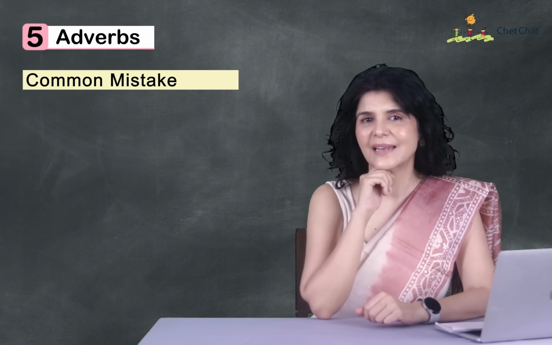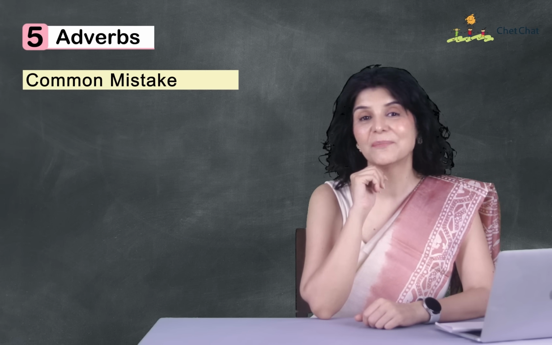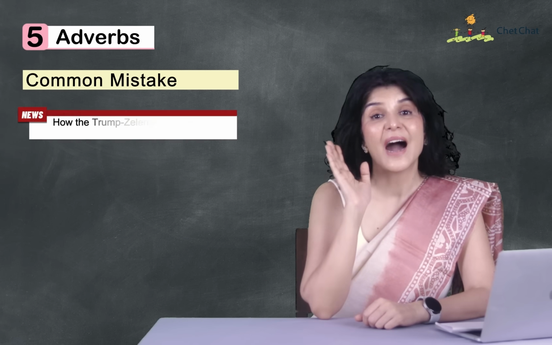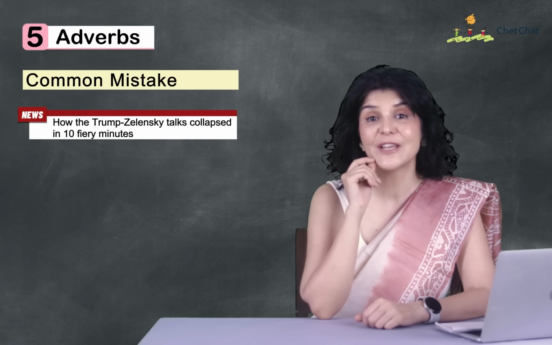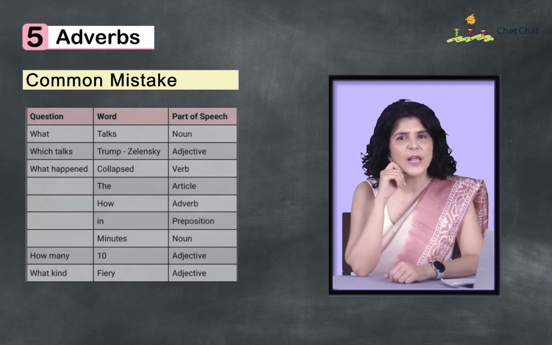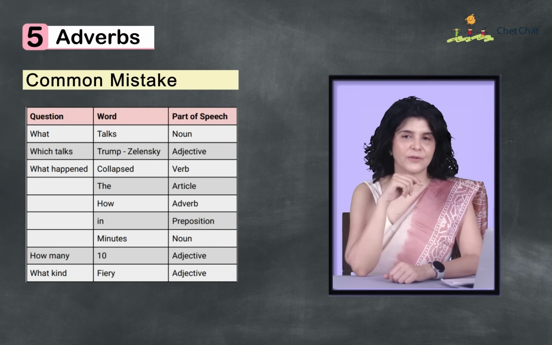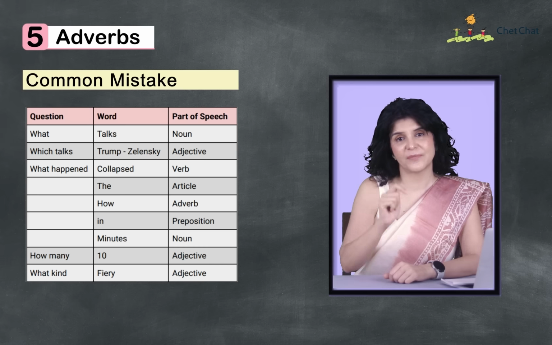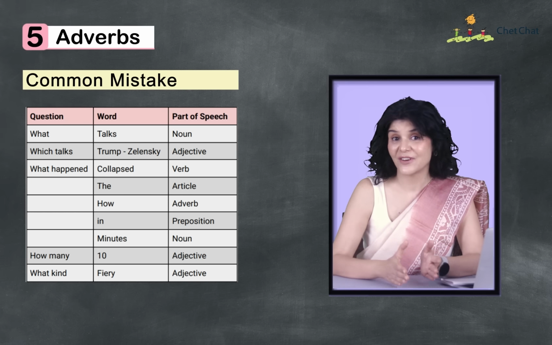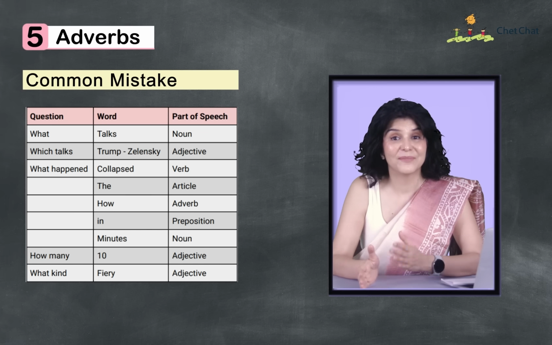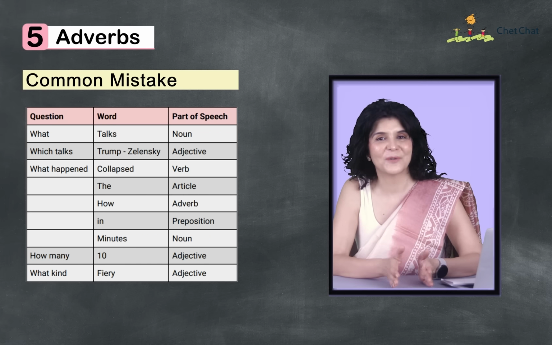Look at this news headline and let's see if we can identify the part of speech. How the Trump-Zelensky talks collapsed in 10 fiery minutes. What collapsed? Talks. So it's a noun. Which talks? The Trump-Zelensky talks. Also follows an article. Trump-Zelensky is the adjective because the Trump-Zelensky talks.